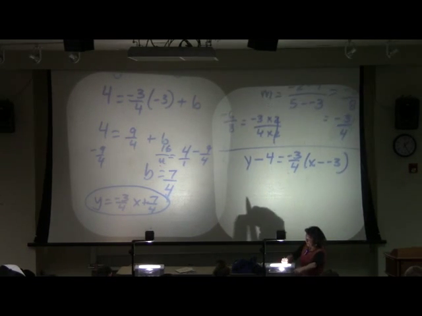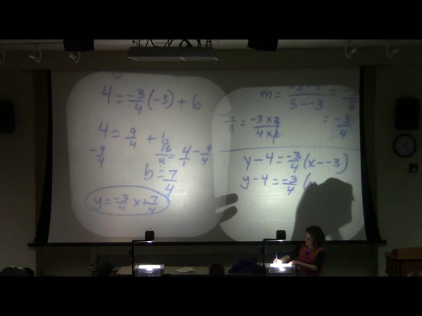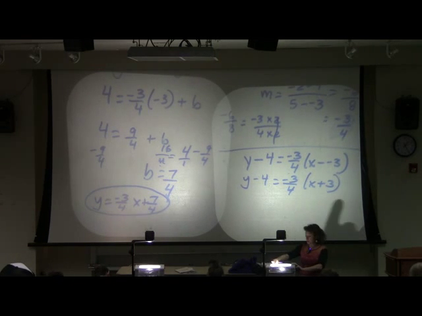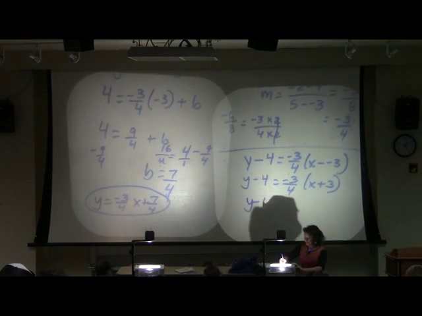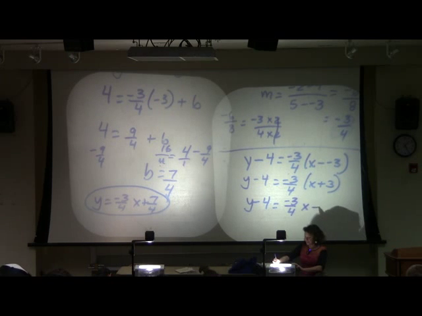The first thing that I would do here is say, well, minus a negative is the same as plus a positive. You with me there? All right, what's my next step? Distribute. Good. So don't we have y minus 4? Well, negative 3/4 times x is negative 3/4 x.